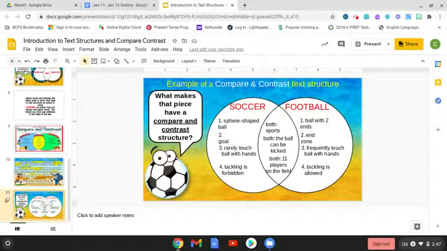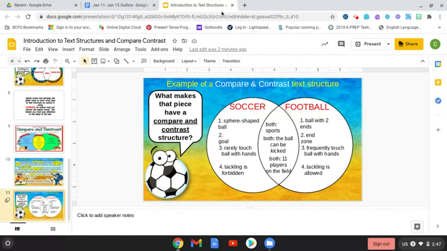Now, the Venn diagram is important because another way that you can tell that you are reading compare and contrast text is if you could put that information in a Venn diagram, it's probably comparing and contrasting. Okay? So if I can take the information presented in the text and put it in a Venn diagram to compare and contrast, they're probably using a compare and contrast text structure.